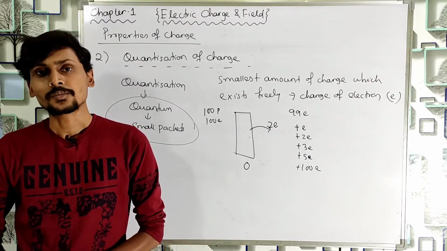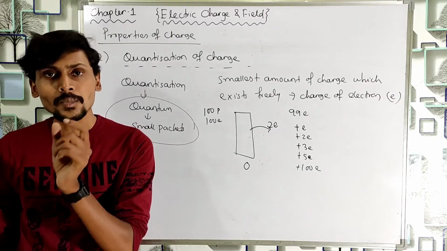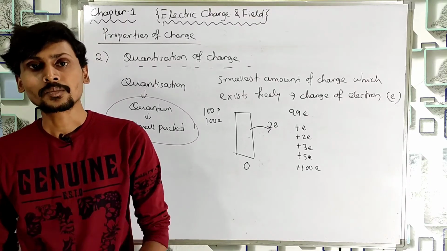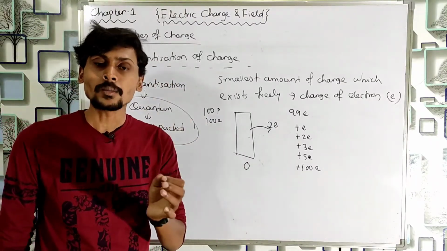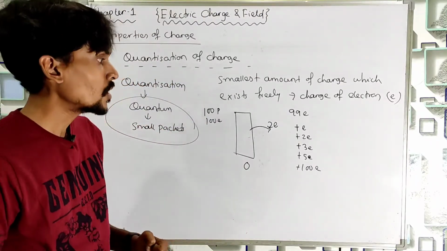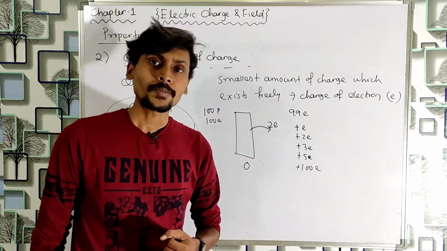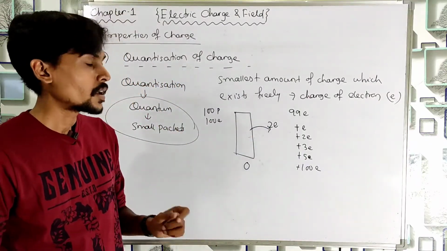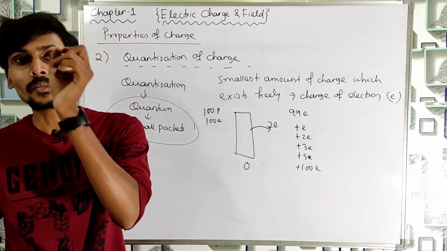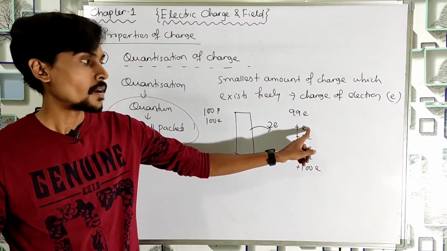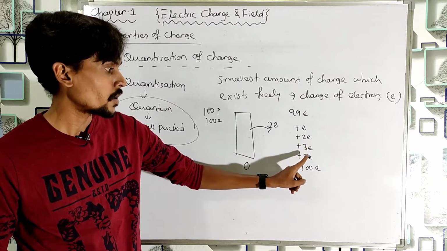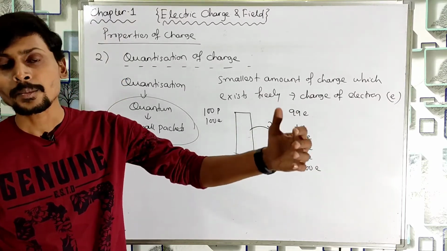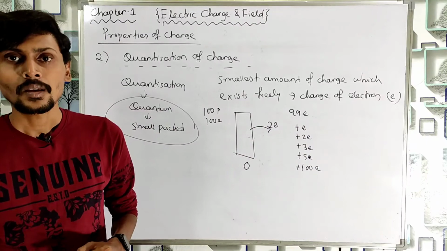A fractional number of electrons cannot be removed. So since we cannot remove a fractional number of electrons, the charge of the body is always a whole number multiple of E. Either you have 1E or 2E, 3E, 5E or 10E, 15E, like this.